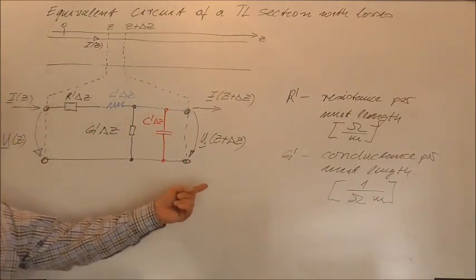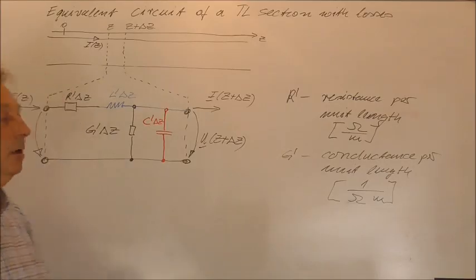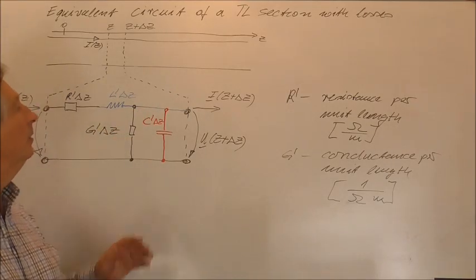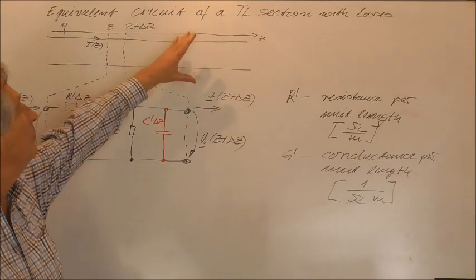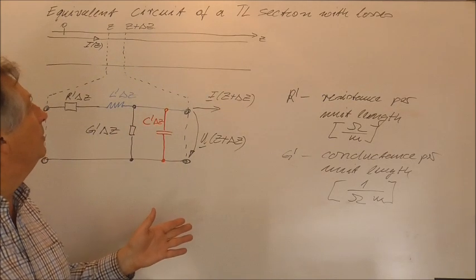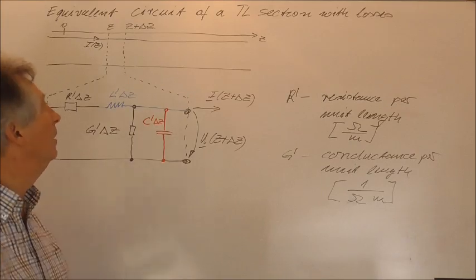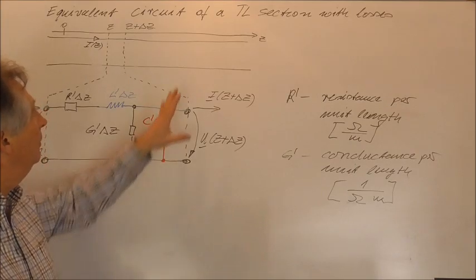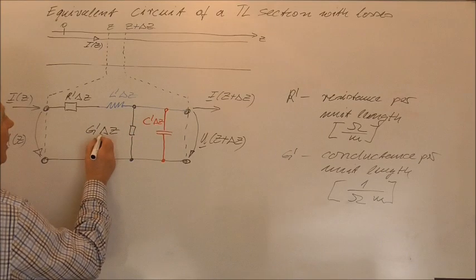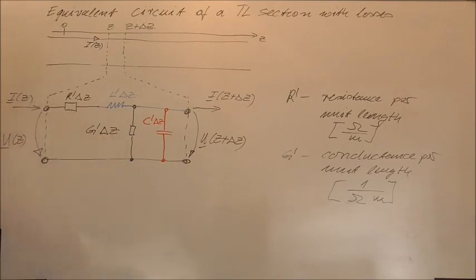So this will be the conductance per unit length. Of course, for example, if you would have an open transmission line and you charge it up, after a certain time it will be discharged. So this must be accounted for by the conductance per unit length.